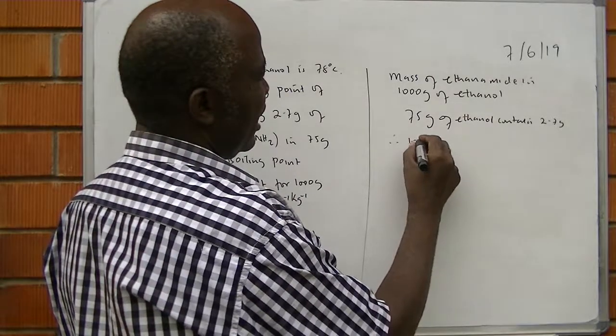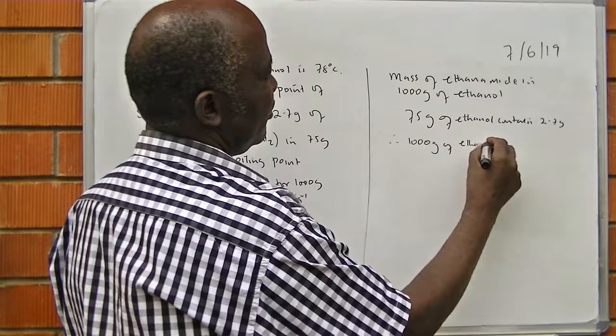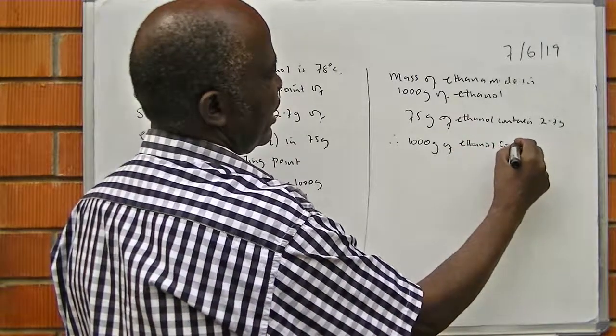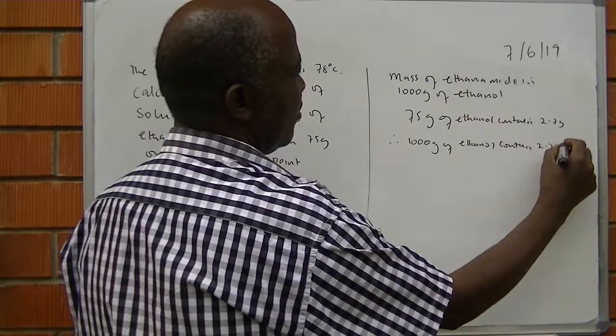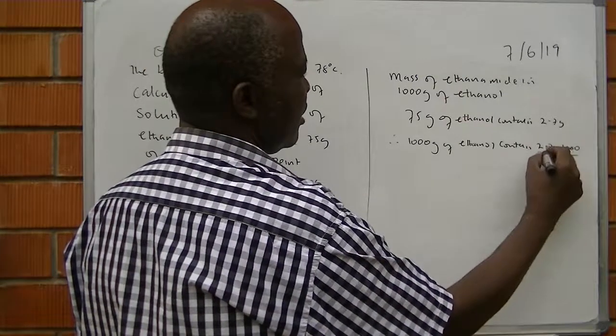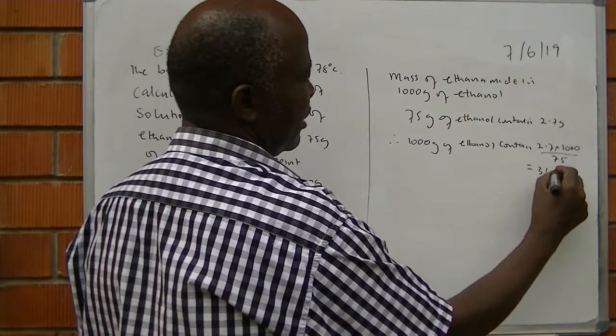Therefore, 1000 grams of ethanol contain 2.7 times 1000 over 75, which is equal to 36 grams.